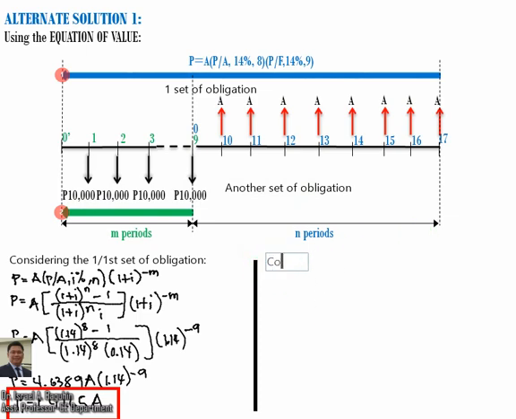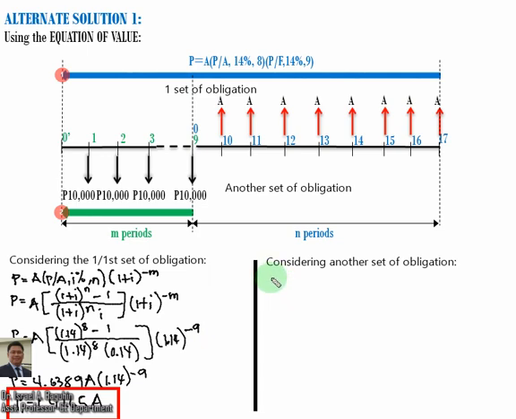Here we can use the formula from this point to point 2. We get the value of P, which we denote as P subscript 2.